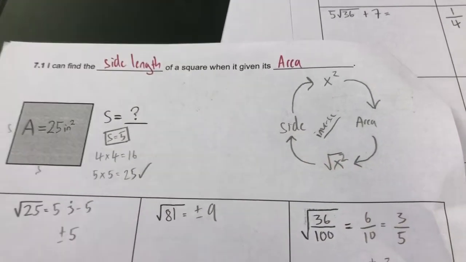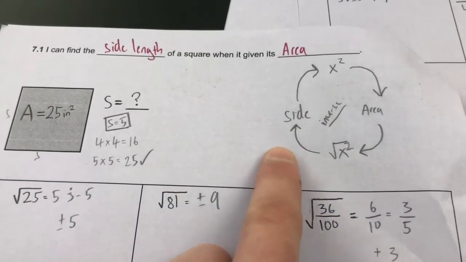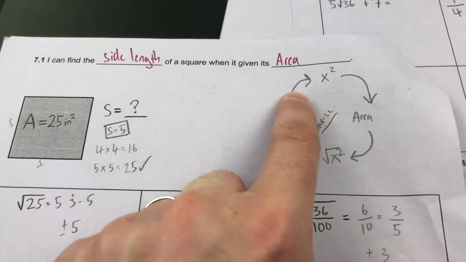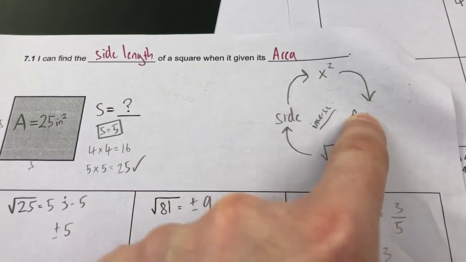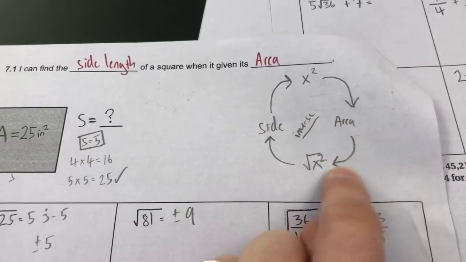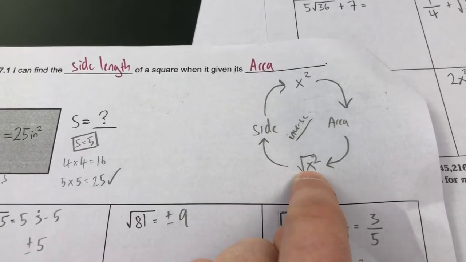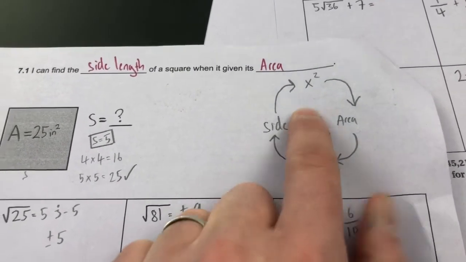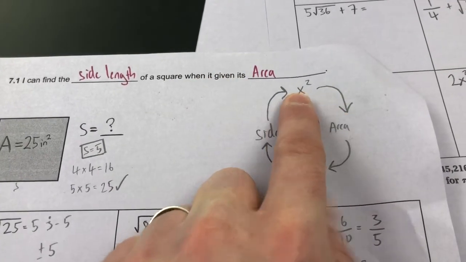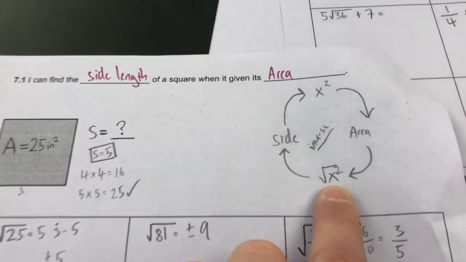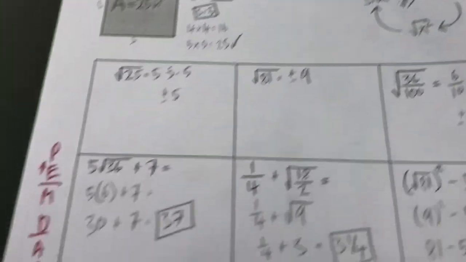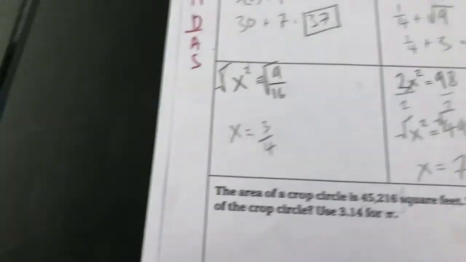Basically the way this works is if you start with the side of a square and then you square the side length, that brings you to area. Then if you take the square root of the area, that takes you right back to the side length. Squaring and square rooting are inverse operations, they undo each other, which is super helpful if you have an equation with x squared.